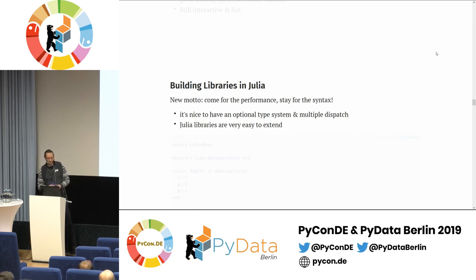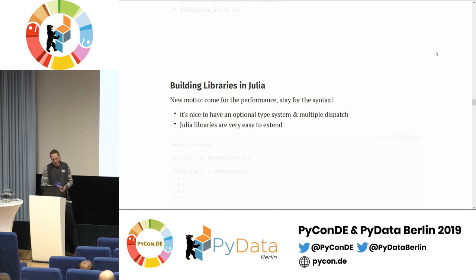Now, in the last 2 years or so, there has been a new motto forged in the Julia community. It's come for the performance, stay for the syntax, because a lot of people were actually like, yeah, I really need this performance of Julia, that's why I'm using it. And then they were writing more and more libraries, and they were more excited about the actual syntax features and how you compose code in Julia.